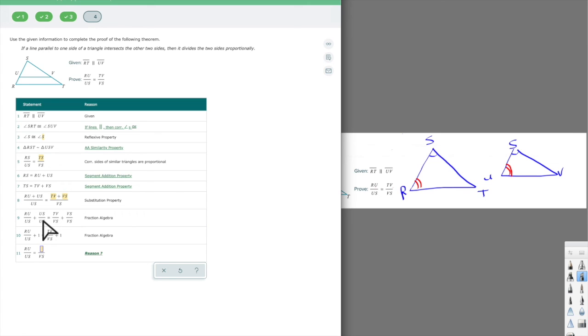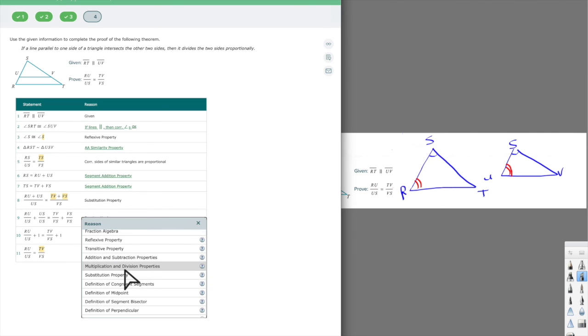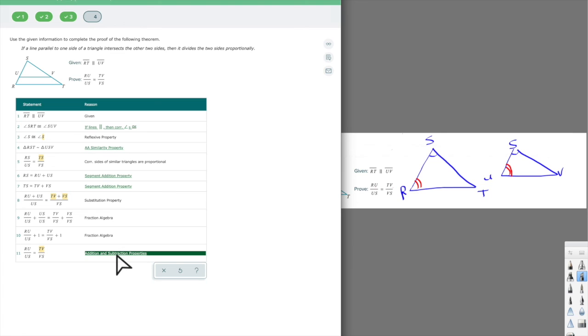And then if I subtract 1 from either side, 1 minus 1 is going to eliminate, so I will just be left with the pieces, these two fractions, RU over US and TV over VS. And I got there by using the addition subtraction property, specifically subtraction, because I subtracted 1 from both sides. So now we can go ahead and check this guy. He should be good to go.